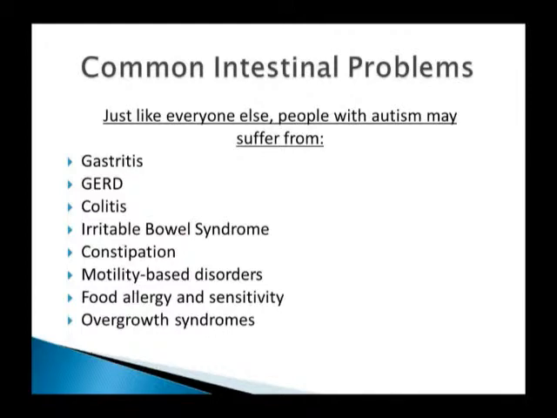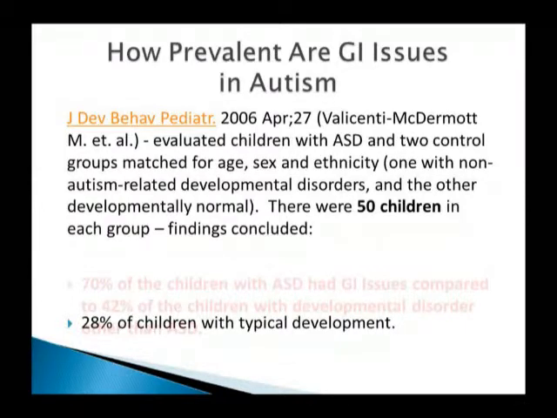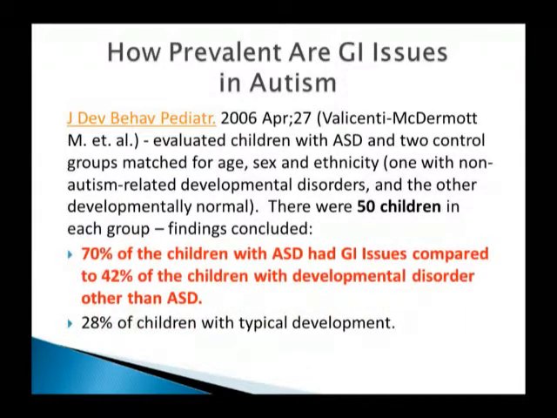And there's a lot of research out there. This is just an abstract from 2006 in the Journal of Developmental Pediatrics talking about the increased prevalence of intestinal problems with kids on the spectrum. What they did is they looked at 50 children in each group, and they found that 28% of children with typical development had some kind of GI problem: nausea, bloating, gas, constipation, loose stools.